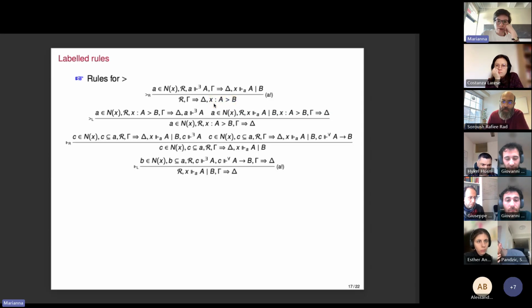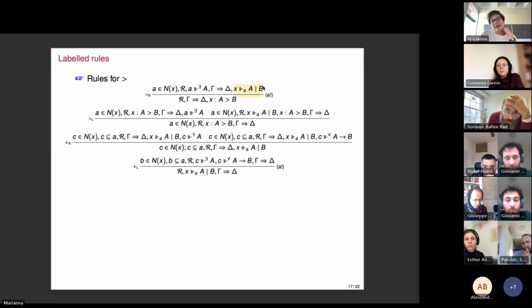For the conditional, you are just going to decompose the truth condition. You will introduce a fresh alpha, for which you will say, well, if x existentially satisfies the antecedent of the conditional, then the conclusion of the truth condition should also hold.